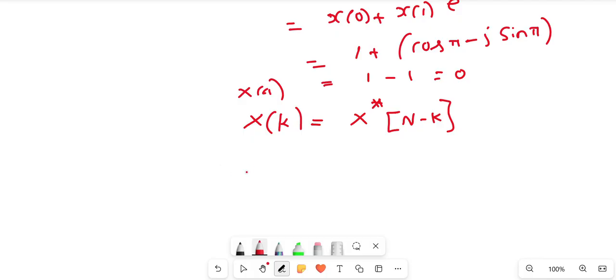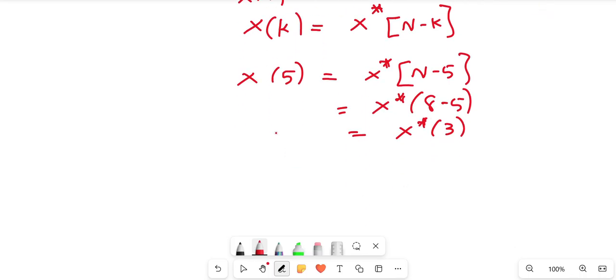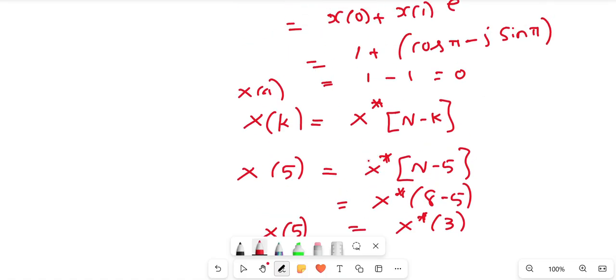So X of 5 is equal to the complex conjugate of X of N minus 5, that is the complex conjugate of 8 minus 5, which is equal to the complex conjugate of X of 3.